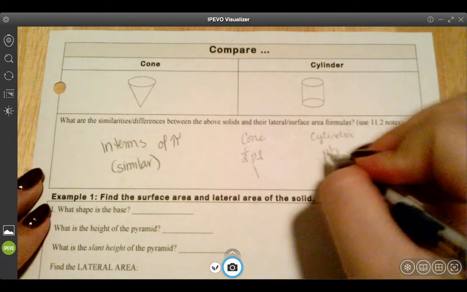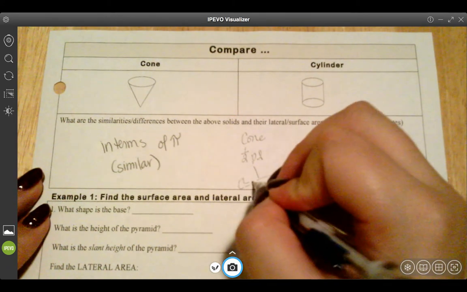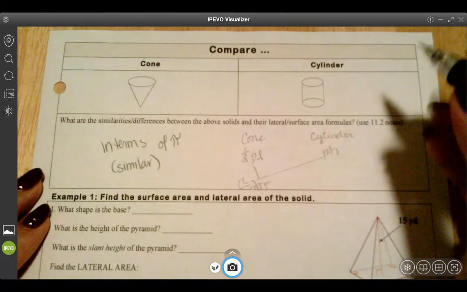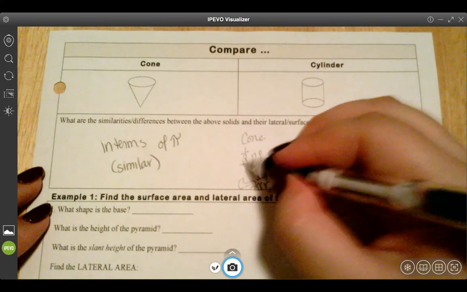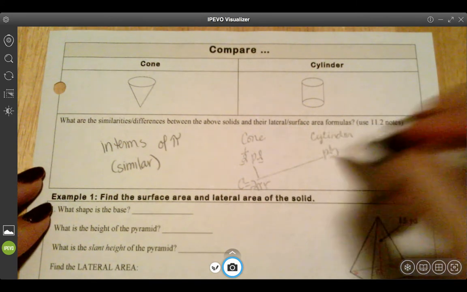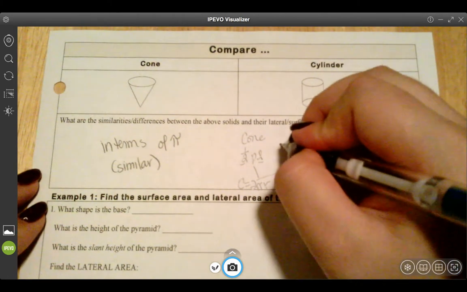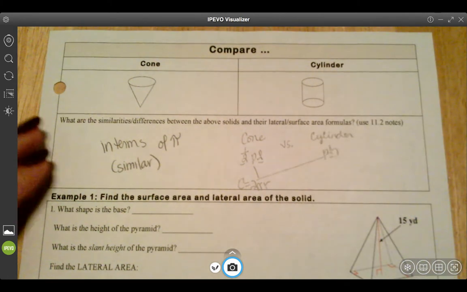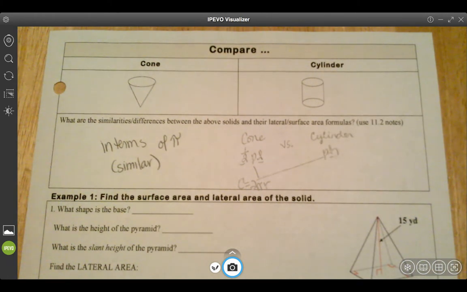The perimeters are still C equals 2 pi r, but again, we have that difference between the 1/2 and the L and the H. So very similar to the similarities and differences that we were just looking at for prisms and pyramids.